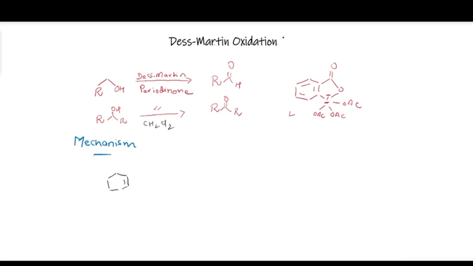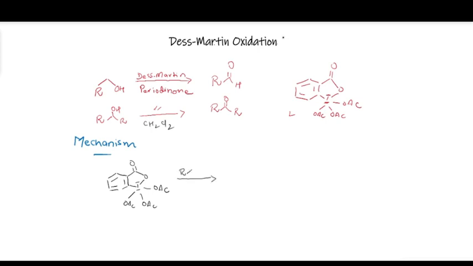So we have this Dess-Martin periodinane reagent, in which we have this hypervalent iodine, which has 3 acetoxy groups attached to it.